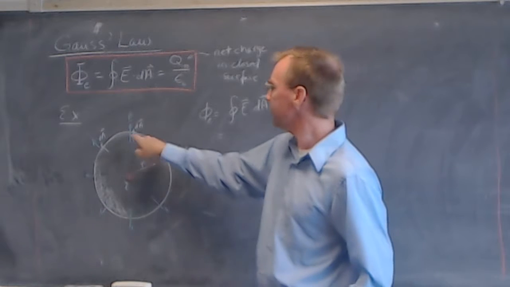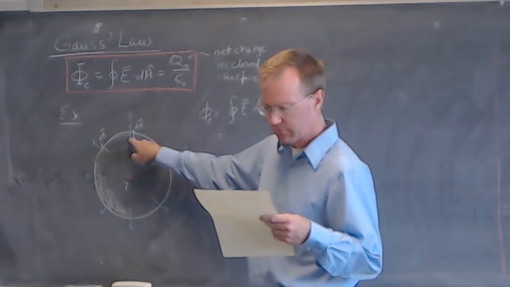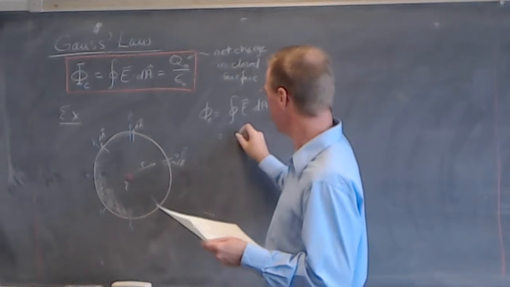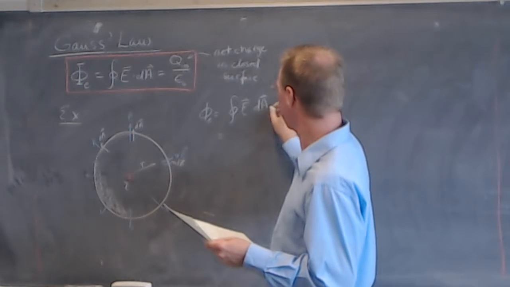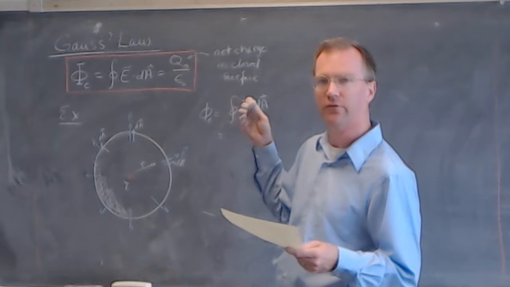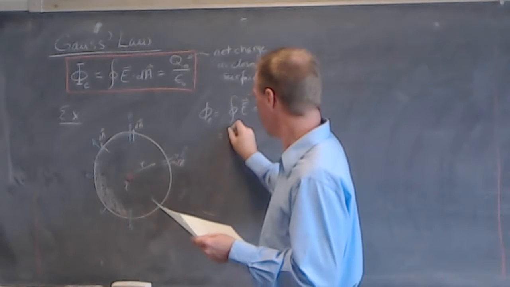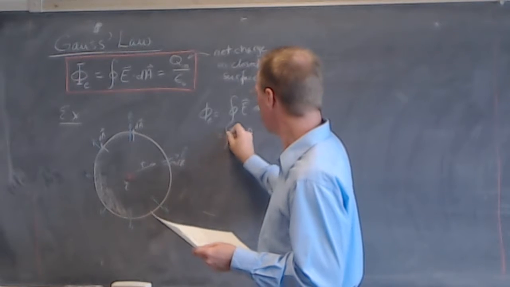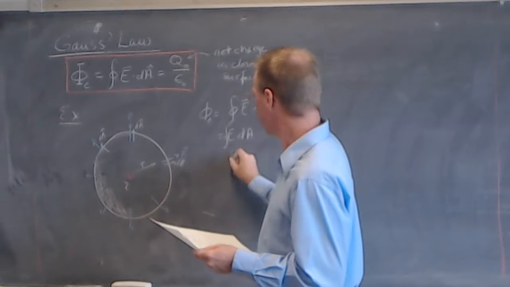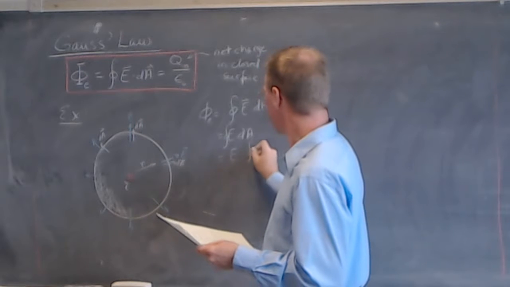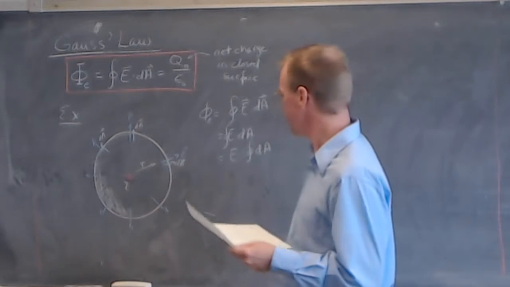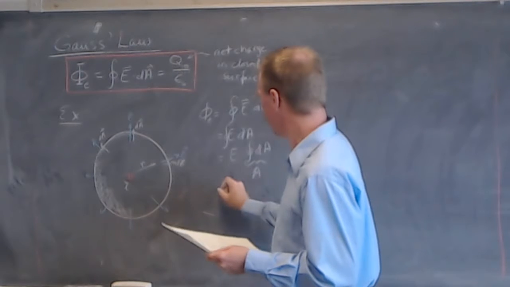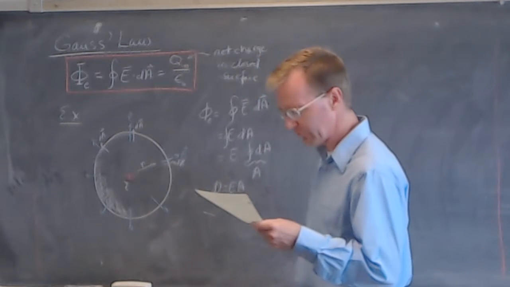Now, because E is parallel to dA everywhere, so it's normal to the surface everywhere, then the dot product, I've got cosine of 0 degrees, which is 1, and I wind up with integral of E dA. E is constant, I can move it outside. Now I've got the surface integral over dA, which is just A. So my flux, in this case, is EA.